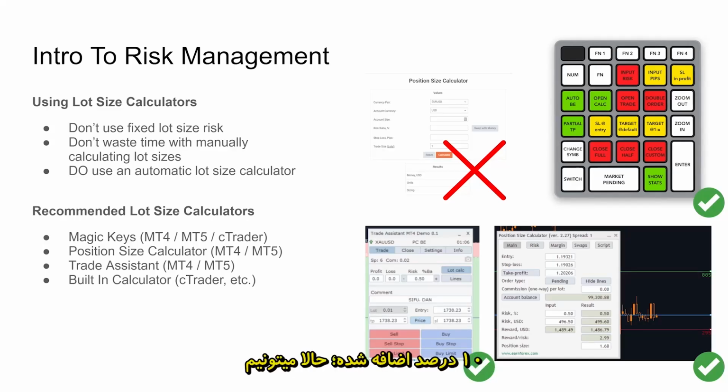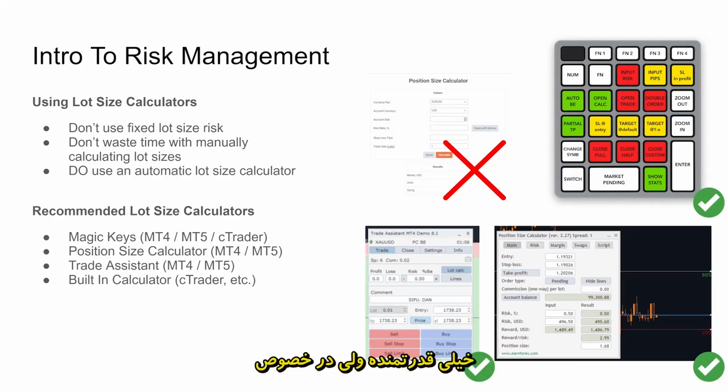We're up 10%. We can then continue to risk a fixed percent of that new balance in the account, right? And that is how we're scaling up, because we're risking a percent of the total pie versus just a fixed amount every time, right? So it is pretty powerful in the long run if you compound.